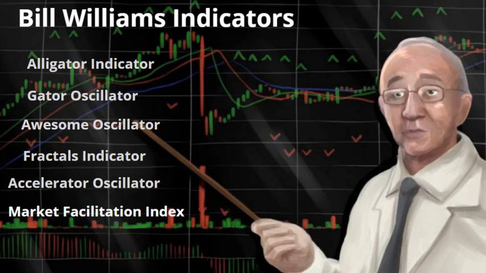So today we got to know the main Bill Williams indicators that you can use in your trading strategy as well. If it would be interesting for you to take a look at specific indicators, please leave a comment under this video, and we will take a look at specific strategies based on these indicators.